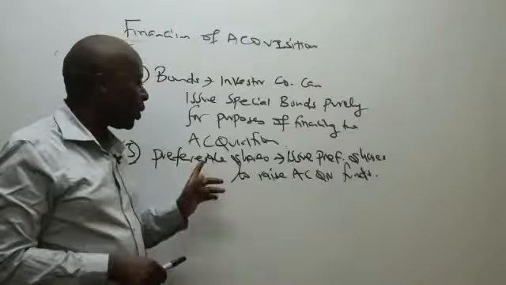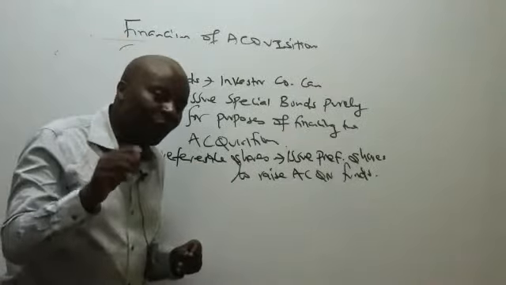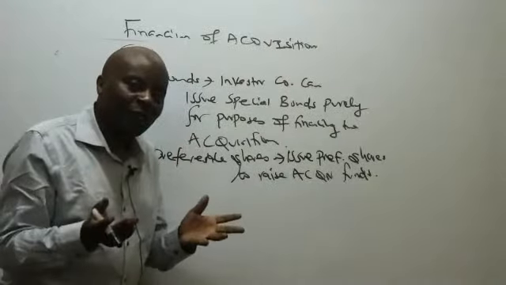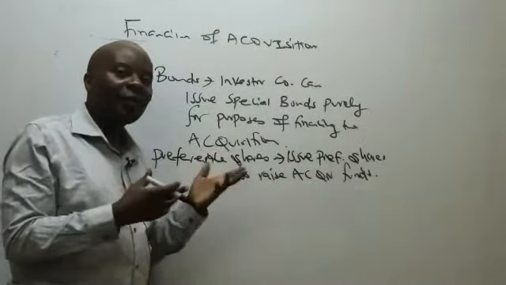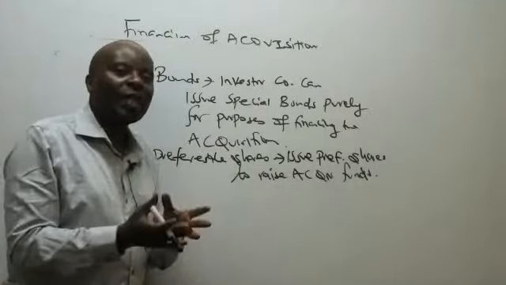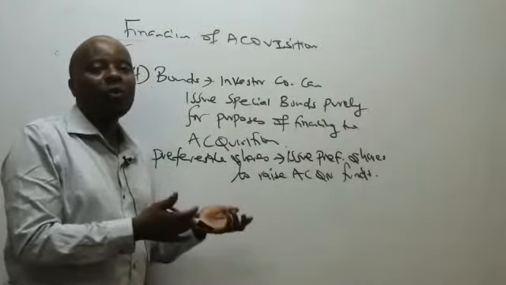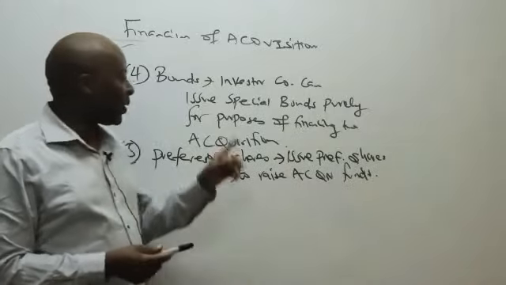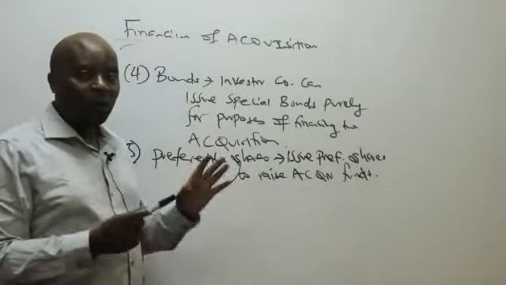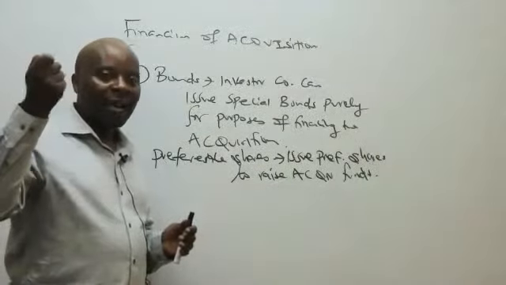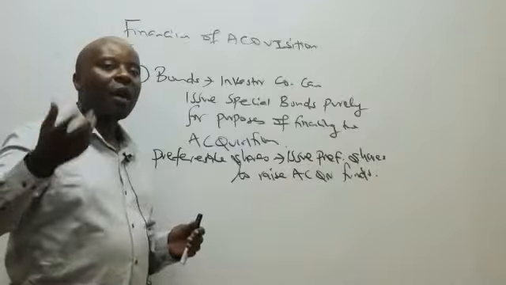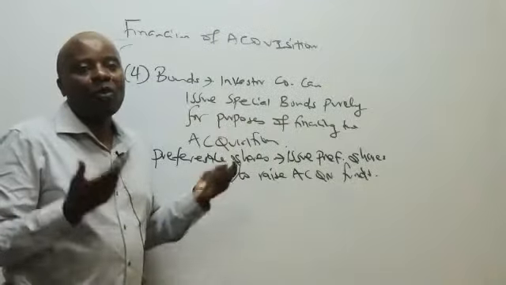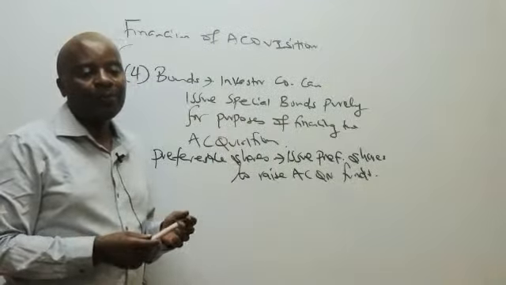And remember, when you are issuing these preference shares, you will get some of the shareholders of the targeted company saying, hey, we don't want cash. As you're issuing these preference shares, allow us to give you our shares in exchange for your preference shares. The same case with the bonds. Other people will tell you, no, our shares, we don't want cash. Let's exchange our own shares with your debt instruments. We are comfortable that way, right?